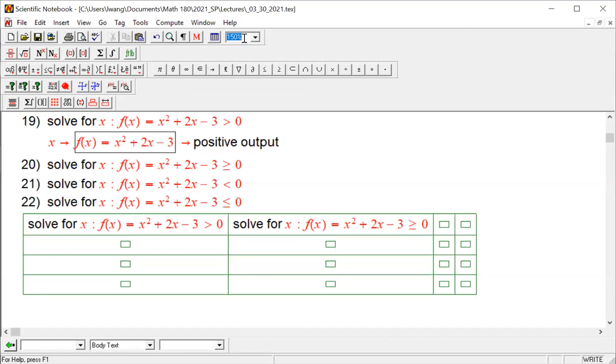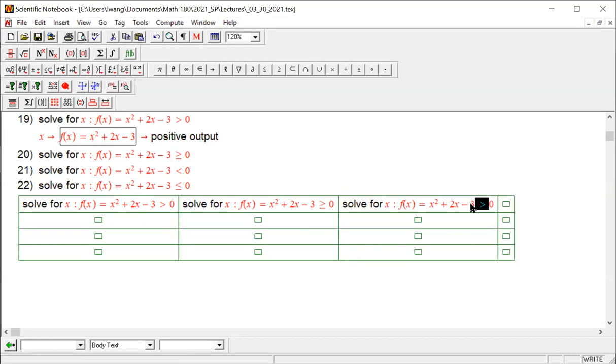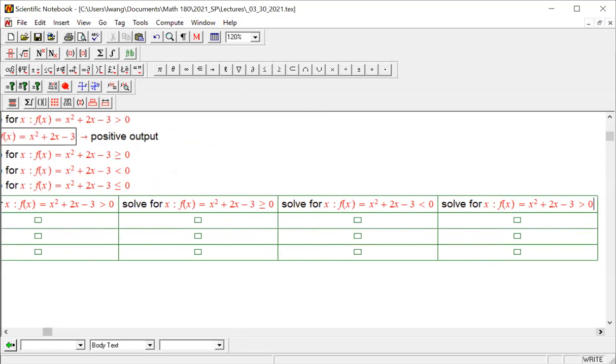I'm going to make this font a little bit smaller. And this one, less than 0, and less than or equal to 0.